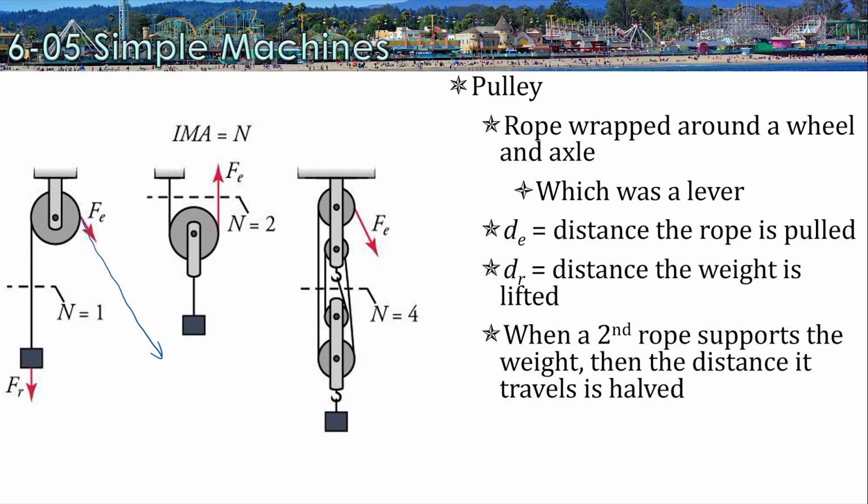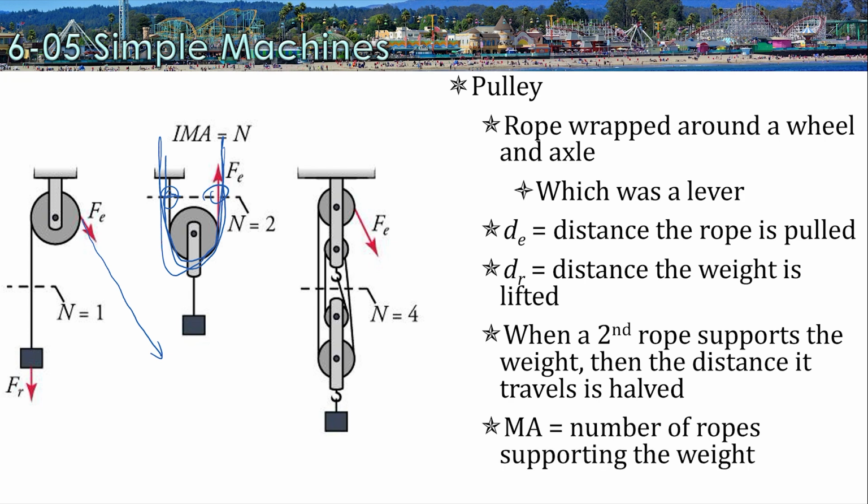But I've added a second rope here in the second picture. So now every time we lift up a certain distance on the rope, the pulley only goes up half the distance because that distance gets split over 2 ropes. Our mechanical advantage turns out to be the number of ropes supporting the weight.